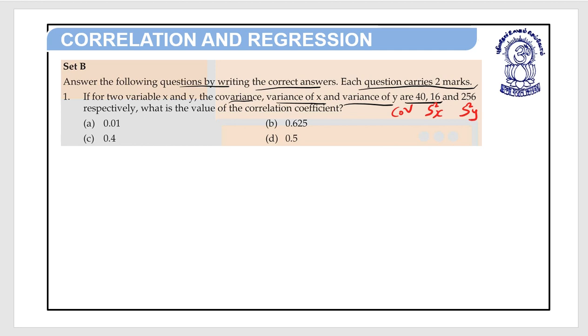So here covariance of xy is given, is equal to 40. Variance of x, s square x is equal to 16.